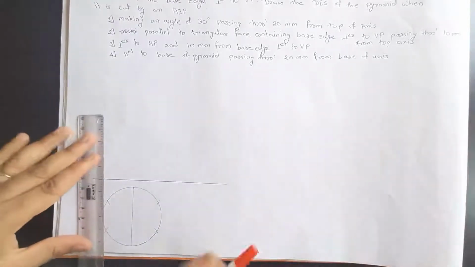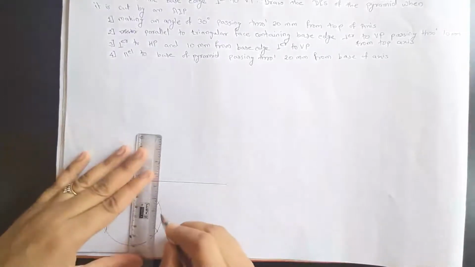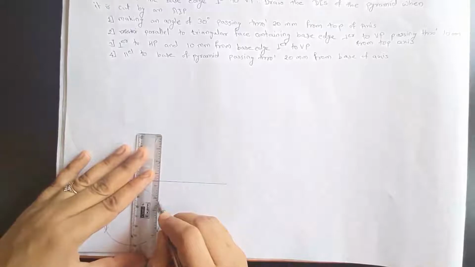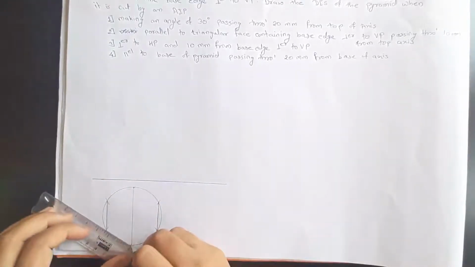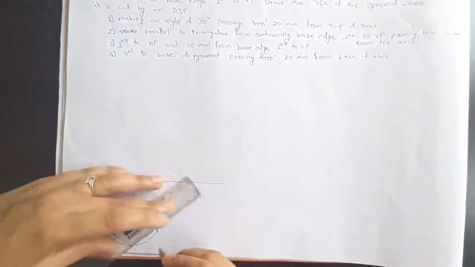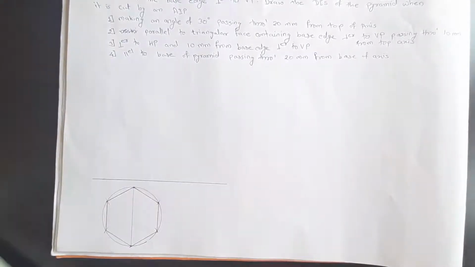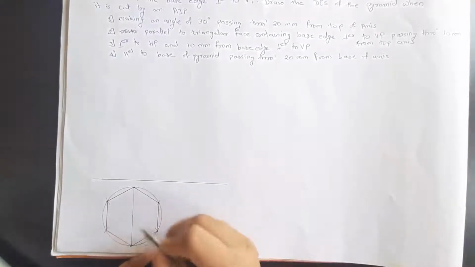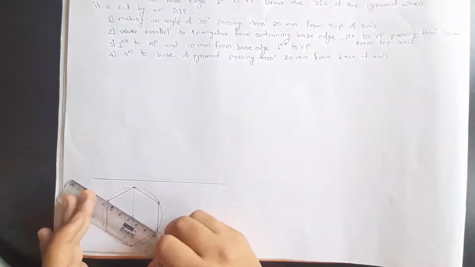Once you have got the points, join them to get the hexagon. Now here, as it is a pyramid, remember to join all these base corners to the center of the hexagon.